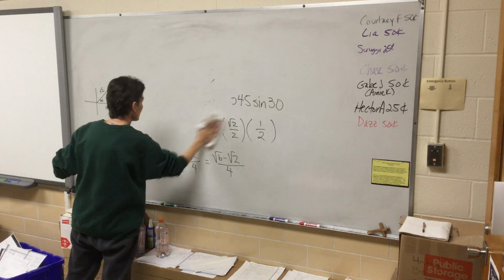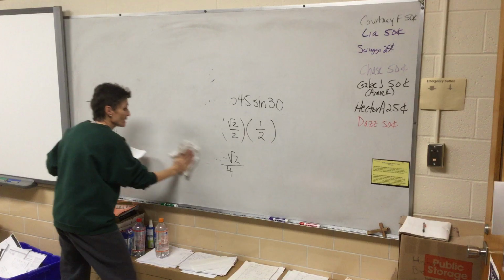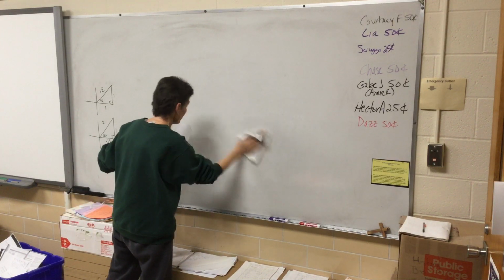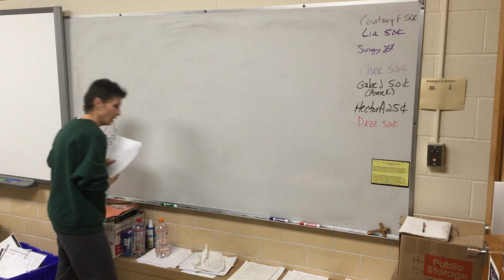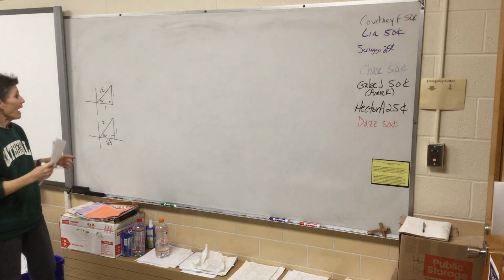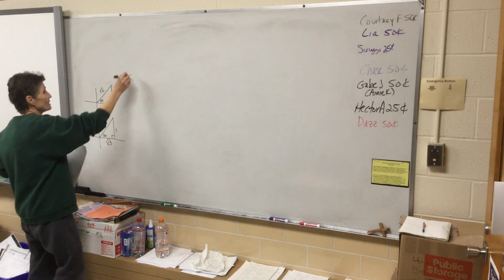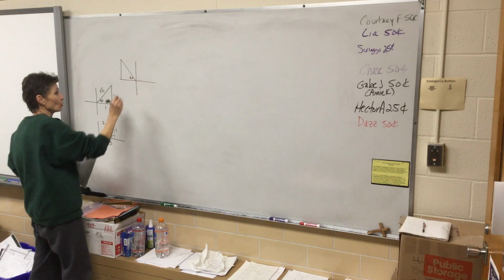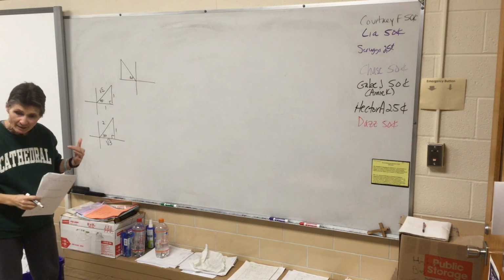Now, something to think about is this. Our special triangles, our special angles are exactly what Grace said, 30, 45, and 60. However, the 30, the 45, and the 60 can happen in the other quadrants. Remember that?